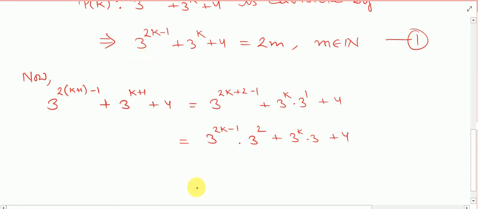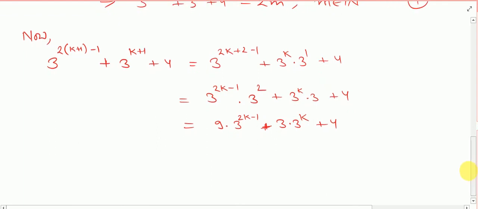So see over here, this is 3 square means 9, so I can write 9 times 3 to the power 2k minus 1, and here this is 3. Instead of writing, okay, first let me write like this. I want only this much: 3 to the power 2k minus 1 plus 3 to the power k plus 4.